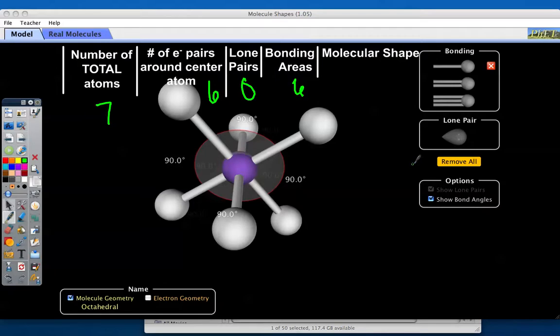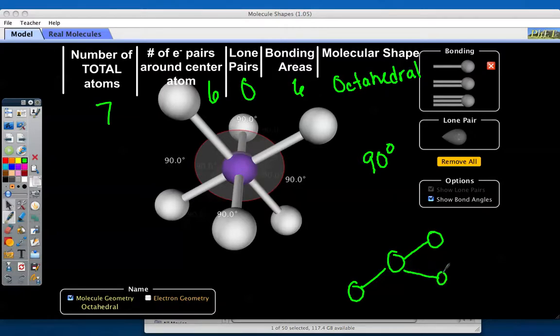The molecular shape is going to be octahedral, and the bond angle is 90 degrees. I think this kind of looks like a jack from your Cracker Jack box. And I would draw it something like that.